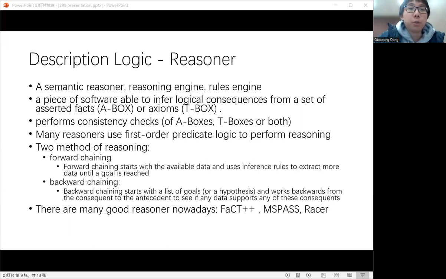Many reasoners use first-order predicate logic to perform reasoning, and there are two ways to do it. The first one is called forward chaining. Forward chaining is a popular implementation strategy for expert systems, business, and production rule systems. It starts with the available data and uses inference rules to extract more data until a goal is reached.